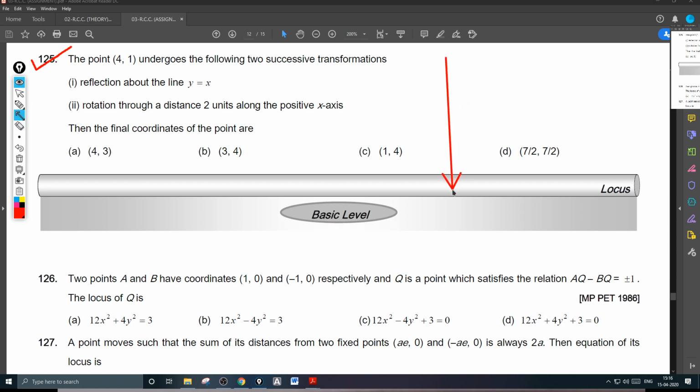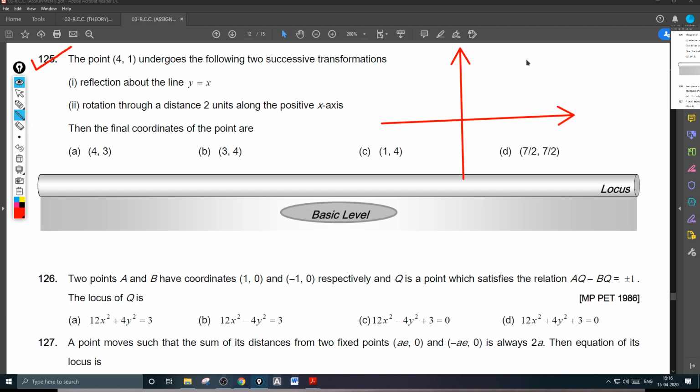Let me say, this is the y-axis, and this is the x-axis, and a line is given which is y is equal to x.